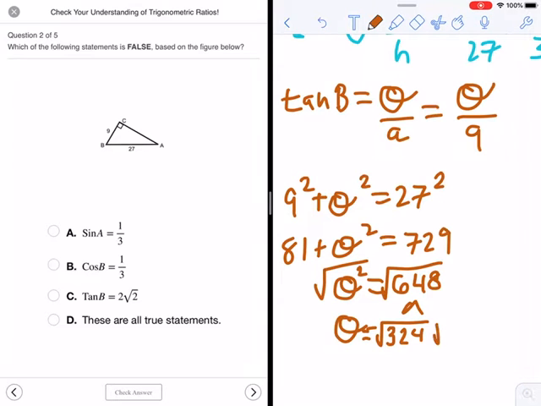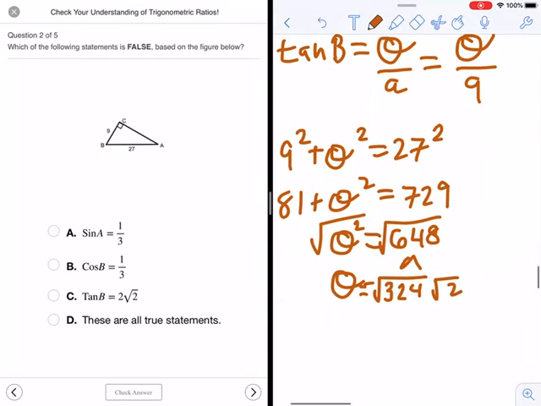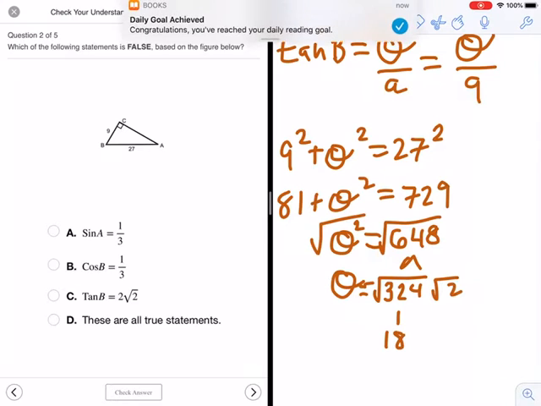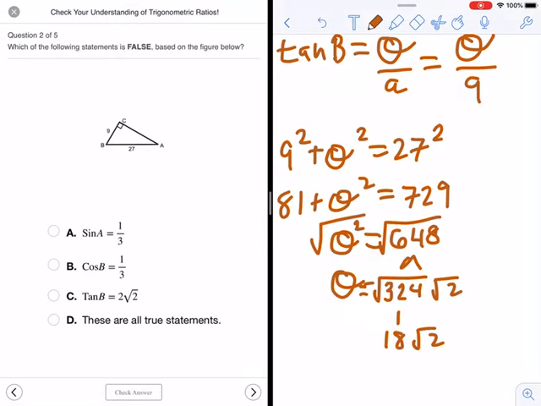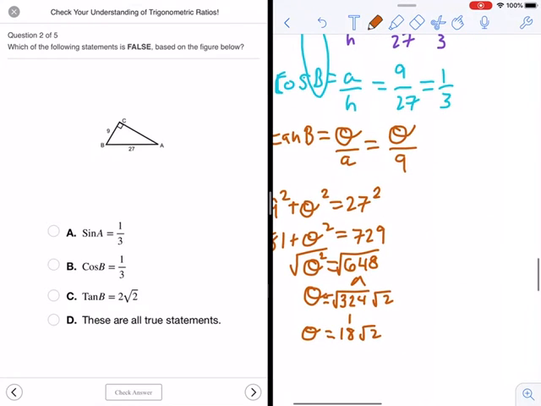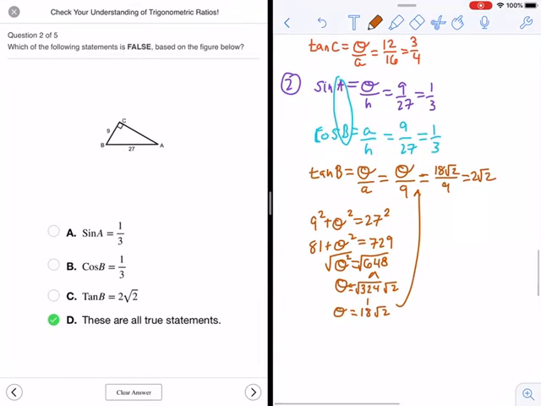This problem's actually kind of hard. Radical 2, which clearly is 18 radical 2. Okay, so that's the opposite side. So then I can finally plug it into here. So opposite's 18 radical 2 over 9, so 2 radical 2. So it appears all these statements are true. That one was tough.